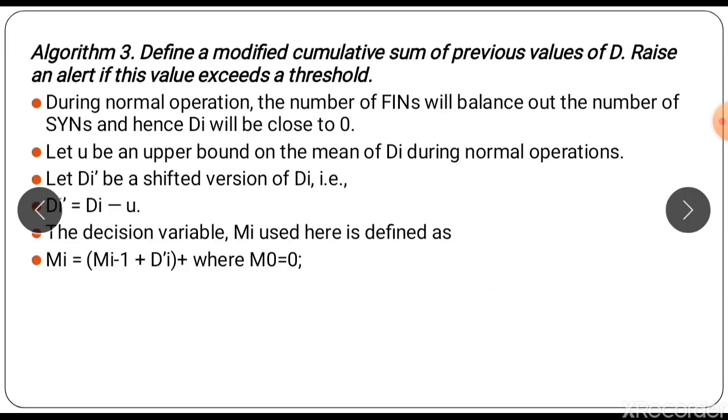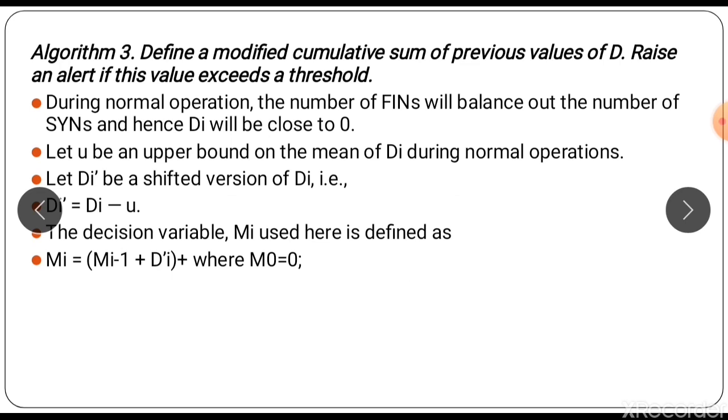The third algorithm defines a modified cumulative sum of previous values of D and raises an alert if this value exceeds a threshold. This method uses a technique called sequential change point detection.